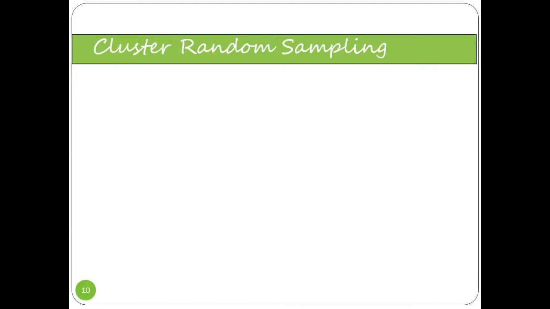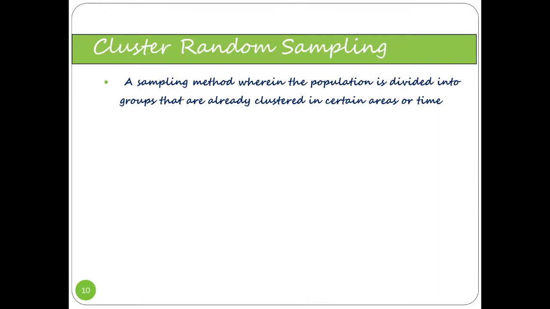Because in stratified random sampling, for say 100 patients or 200 patients, you stratify them based on their age, gender, or any specified category that is there in your objective, that you have in mind. But cluster random sampling is not like that. Cluster random sampling targets the entire population.